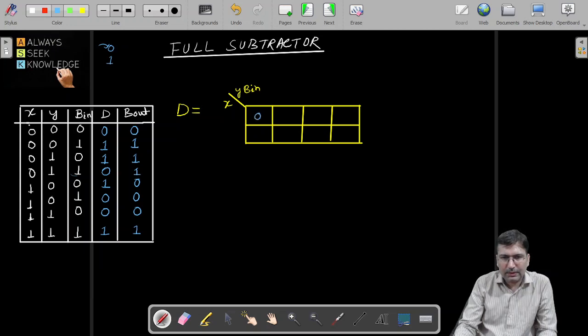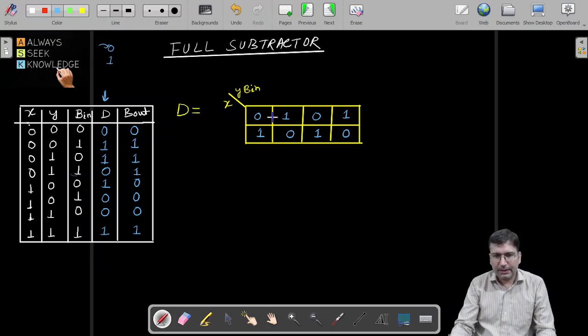The first place is 0, then the second is 1, the third is 0, the next is also 1. I'm taking the values from D, and then the next is 0. Then this place is 1, the next is 0, and the next is 0, and this place is 1.